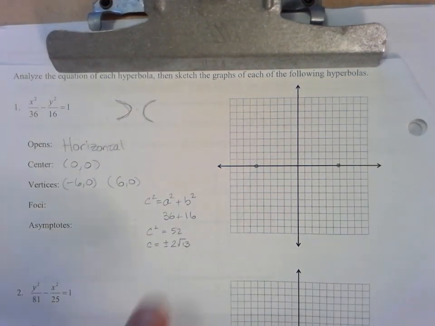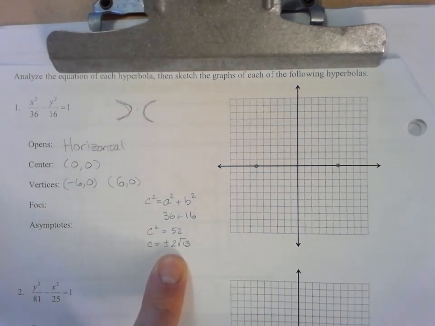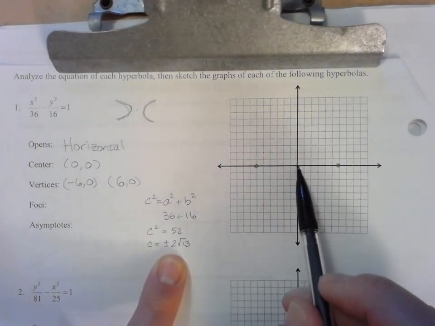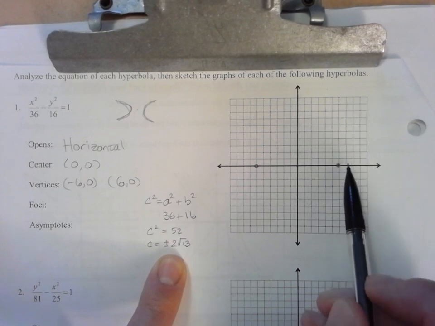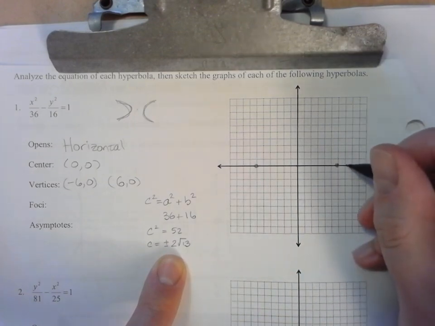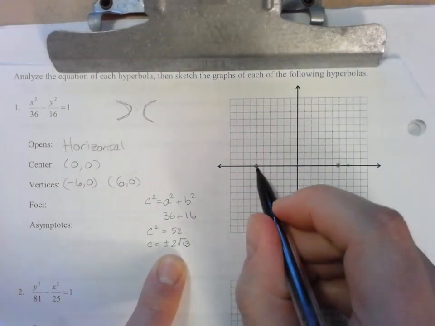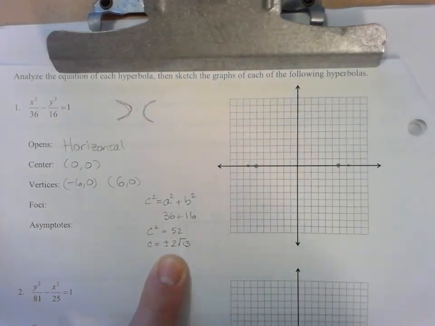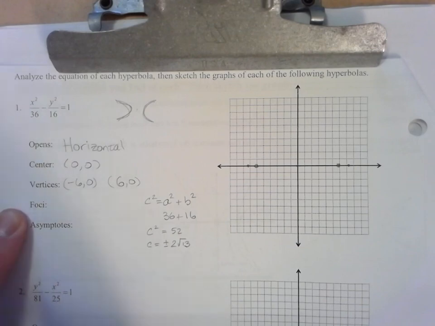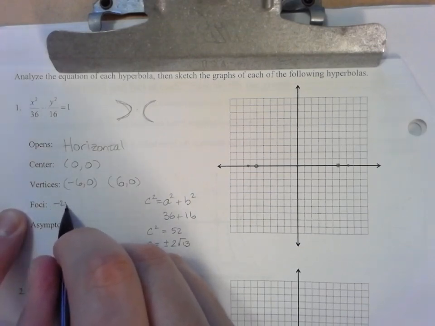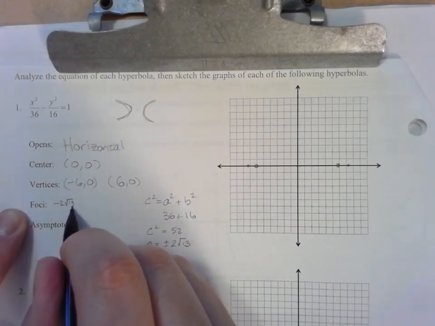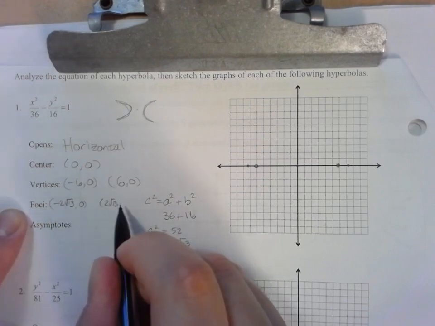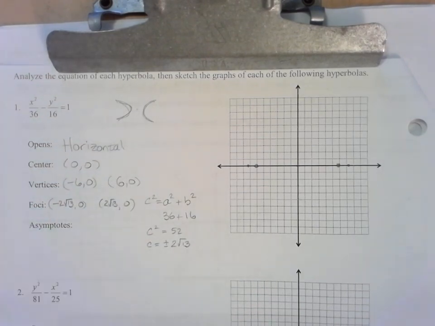So these are the exact values for how far left and right, but when I graph it, I want to go 7 units, 6, 7.21 units right, 6, 7, 7.21 units left. These are the locations of the foci. What were they again? To the left, -2 root 13, comma 0, +2 root 13, comma 0. These are the location of the foci.